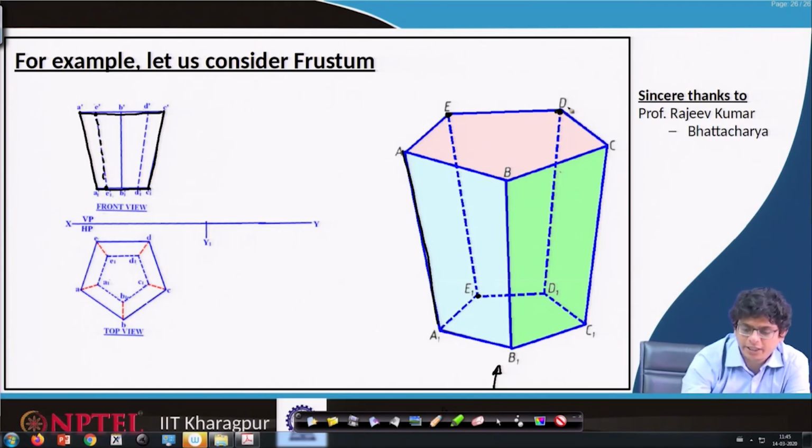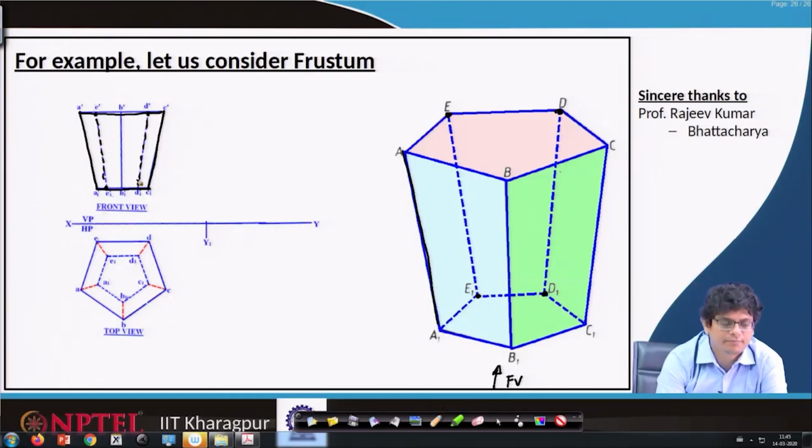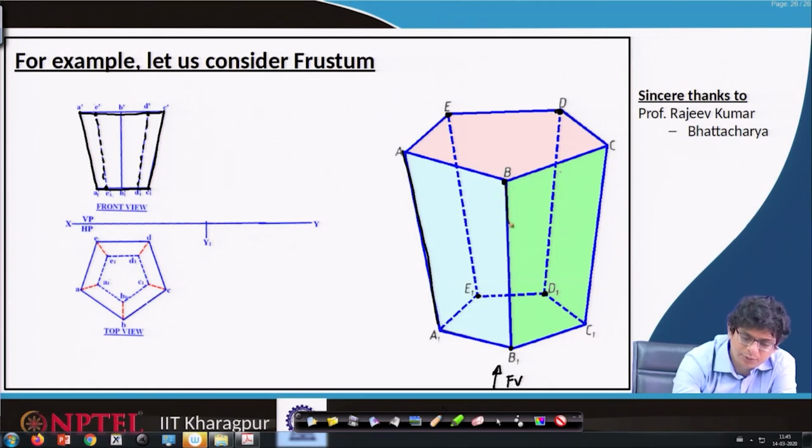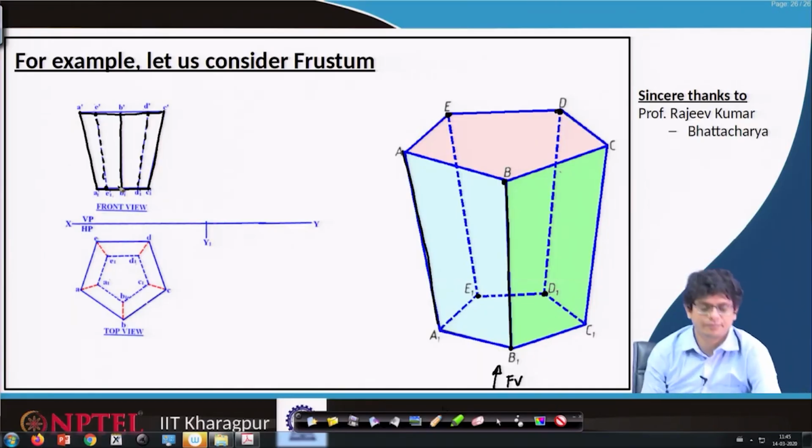Similarly, point D to D1 is also invisible from the front view, so join them by dashed lines. Now, B to B1 is always visible in the front view, so we join that by a continuous line.